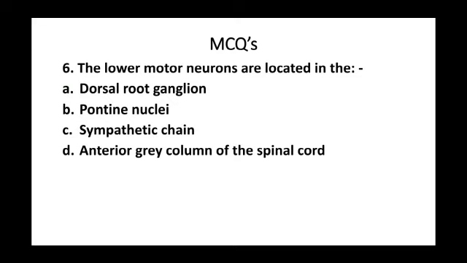The lower motor neurons are located in the dorsal root ganglia, pontine nucleus, sympathetic chain, or anterior gray column of spinal cord. The answer is D, anterior gray column of spinal cord.